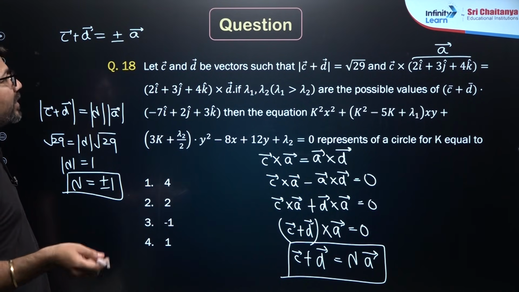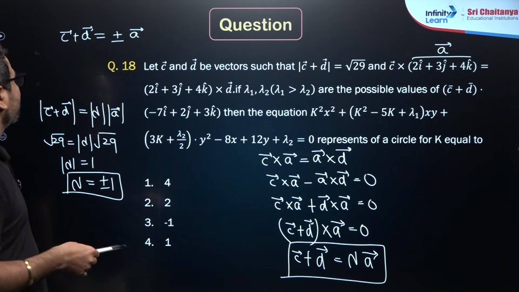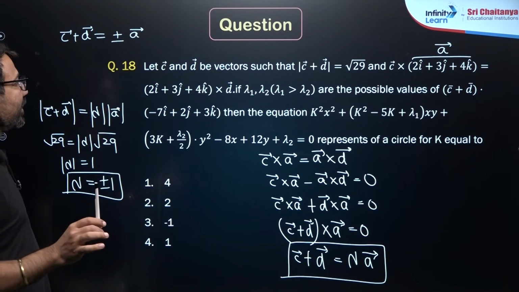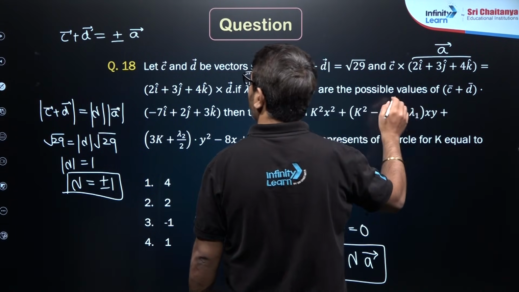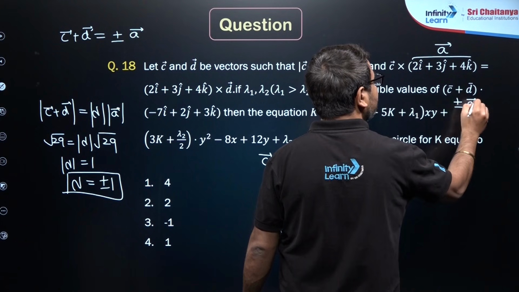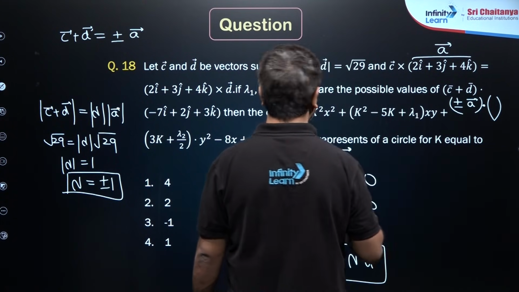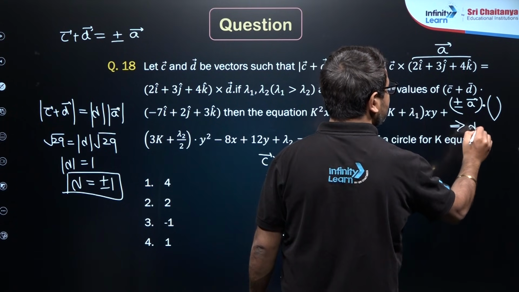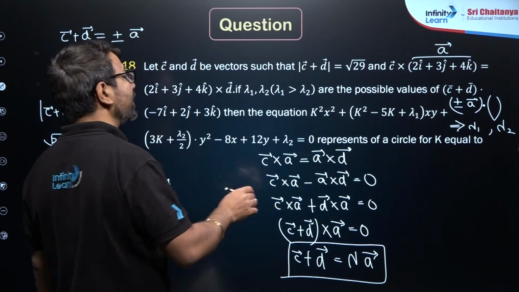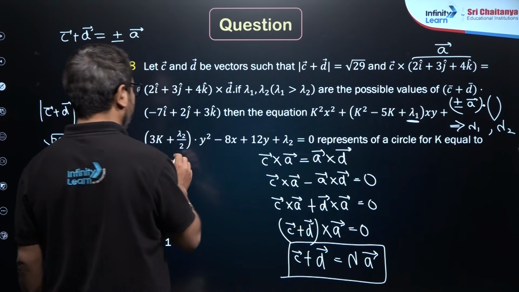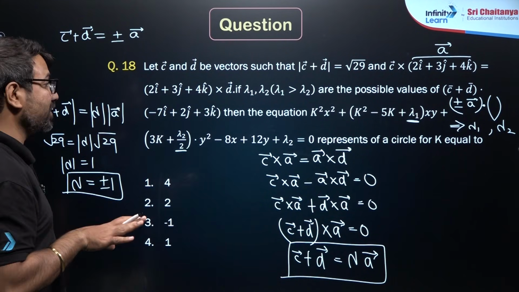Now lambda 1 and lambda 2 are the possible values of C plus D dot this vector. So I think we have obtained C plus D. What I will do is substitute C plus D as plus minus vector A dot the given vector. And you will have two different answers from here. One is lambda 1 and the other one is lambda 2. Once you have lambda 1 and lambda 2, you will keep lambda 1 here, lambda 2 here. They are saying that this is the equation of a circle.